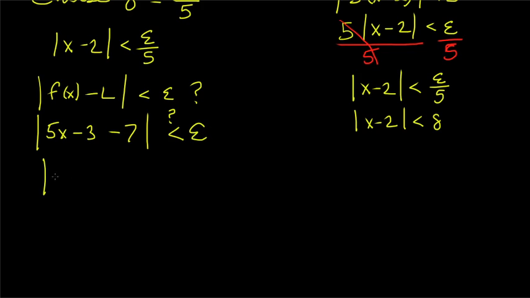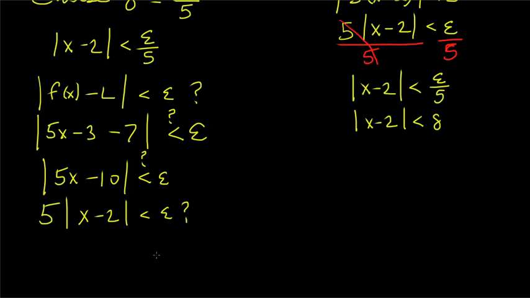Well, let's see. This is an absolute value 5x minus 10. And we still don't know for sure if that's less than epsilon. But we know that this is equal to 5 times the absolute value of x minus 2. But remember, the absolute value of x minus 2 has to be less than epsilon over 5.